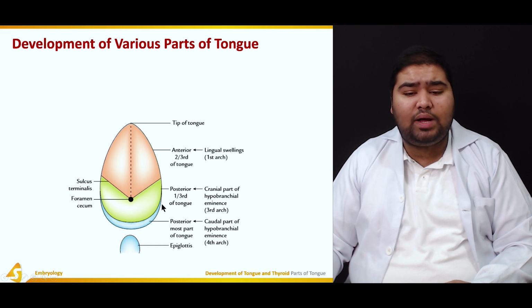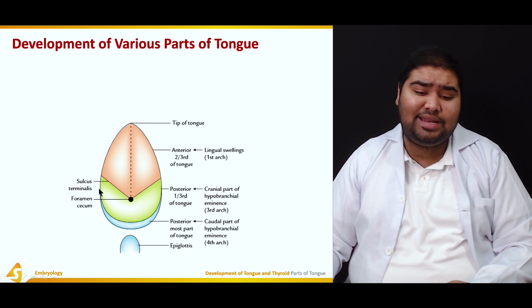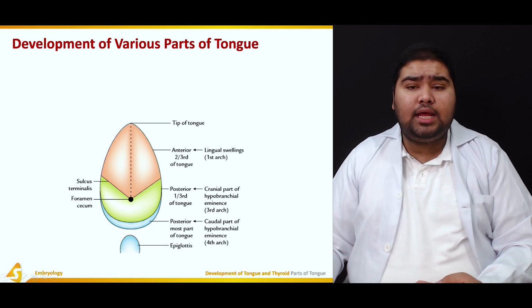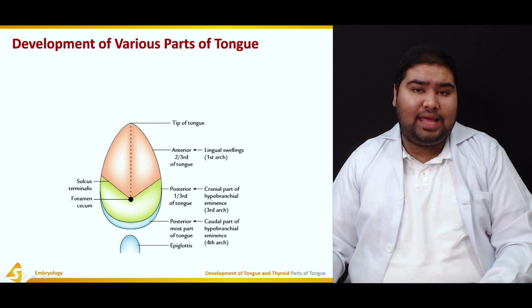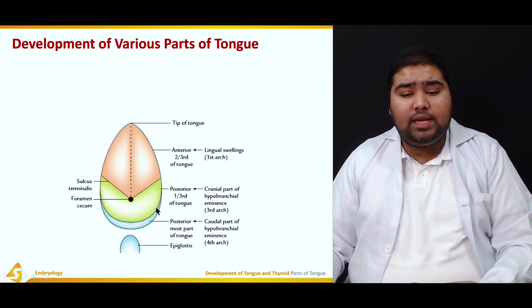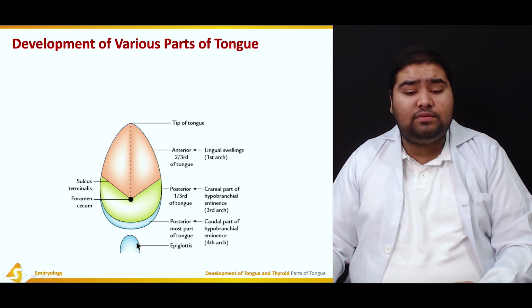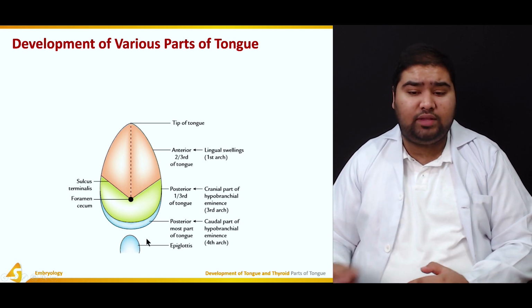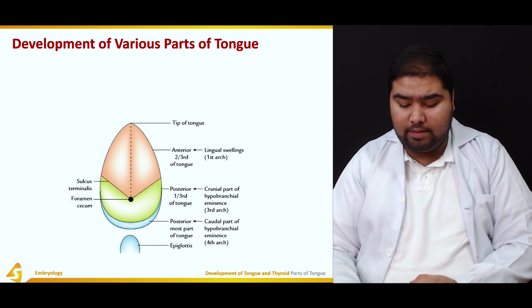Now the posterior 1/3 of the tongue is formed by this in green. This is formed by the cranial part of the hypobranchial eminence, and the posterior most part of the tongue as well as the epiglottis are formed by the caudal part of the hypobranchial eminence.